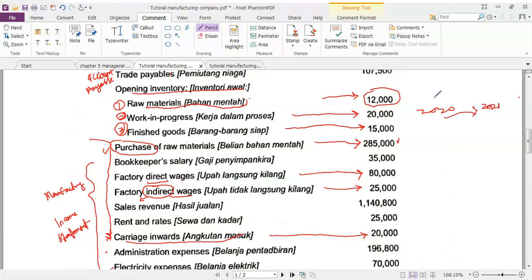But now we just prepare the manufacturing account for year 2020. So you should minus that amount in the rent and rate expenses. So how to do it? You just minus 5250.